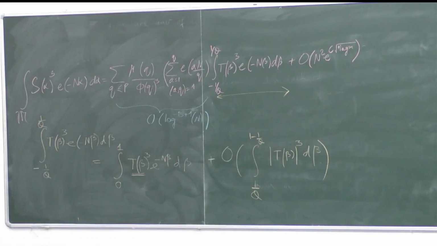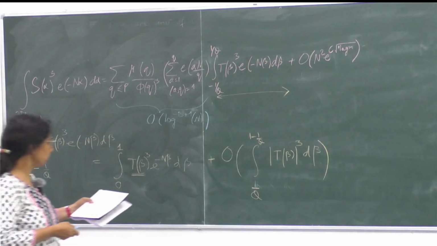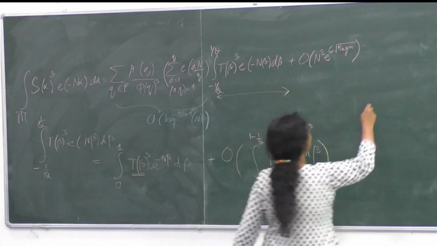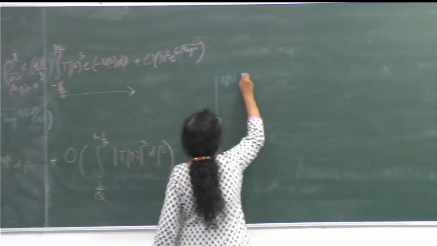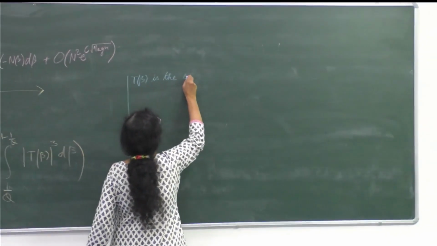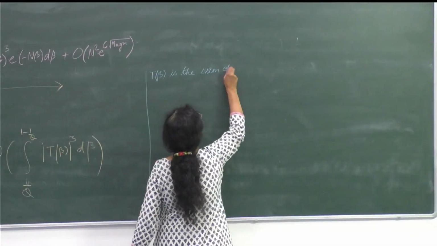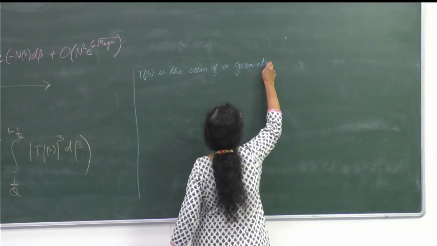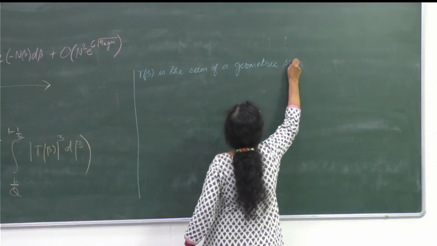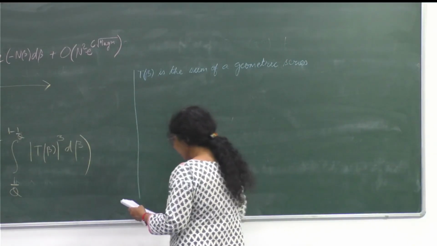Now, T beta is the sum of a geometric series by its definition. This was in the beginning of today, this morning, we talked about it. So T beta is the sum of a geometric series, and therefore we know how to sum geometric series, and therefore we can say something more about it.